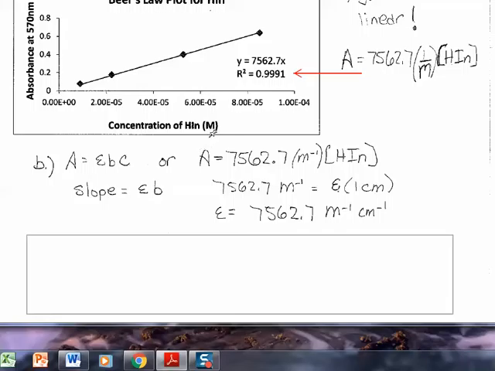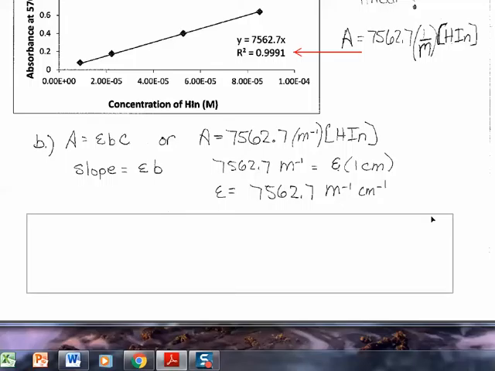Given that our line is absorbance equals 7,562.7 reciprocal molar times concentration, our slope is 7,562.7 reciprocal molar, and that equals epsilon b. Remember that we had a 1 centimeter path length, or b, so our molar absorptivity, our epsilon value, is 7,562.7 reciprocal molar reciprocal centimeters.